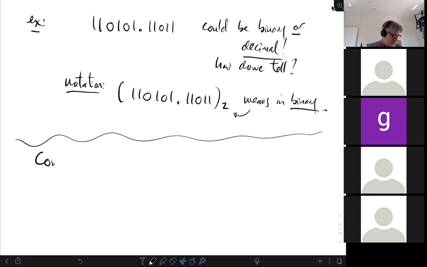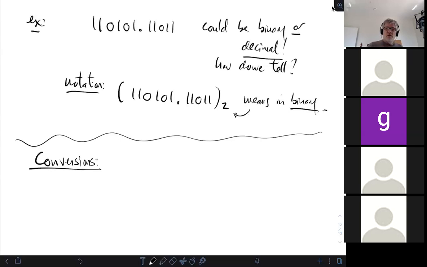Okay, so what have we seen up to now? I've reviewed decimal as a positional system and the 4 basic operations. I've introduced binary as a positional system, which is exactly the analog of decimal, but it's base 2 rather than base 10.